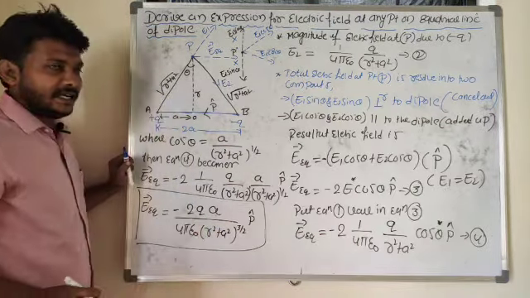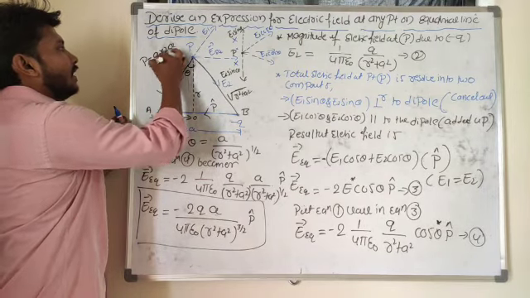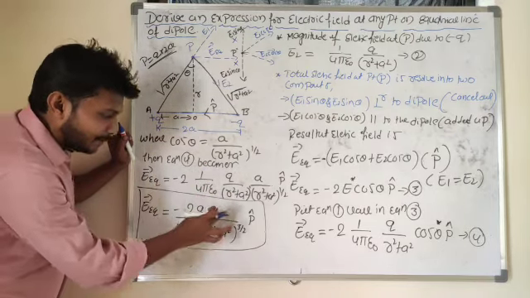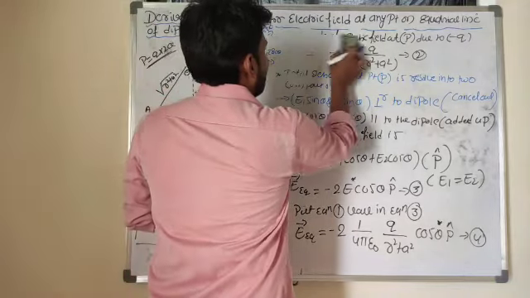Wherever 2q a is there, p is equal to q into 2a, the dipole moment. So shall I take it as p here? Let me rub here.